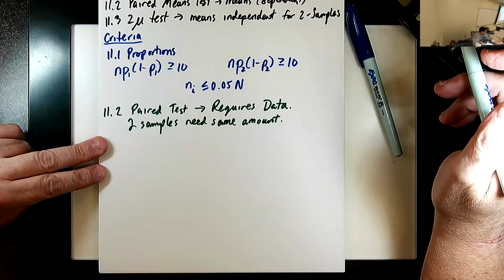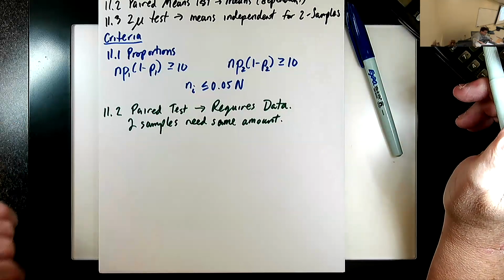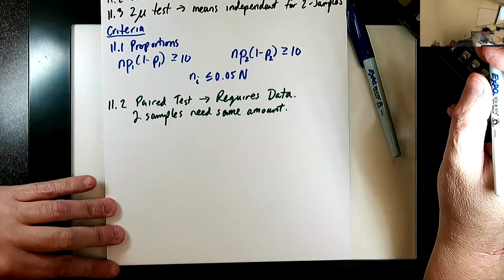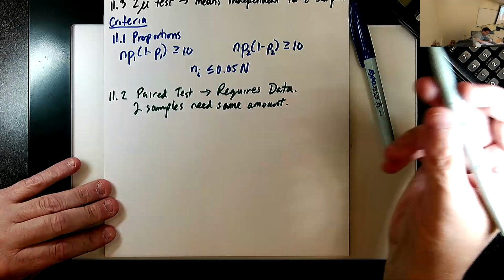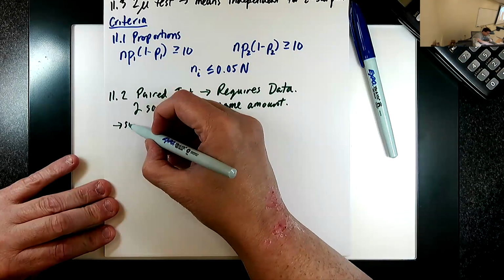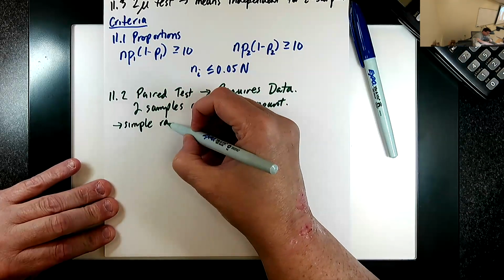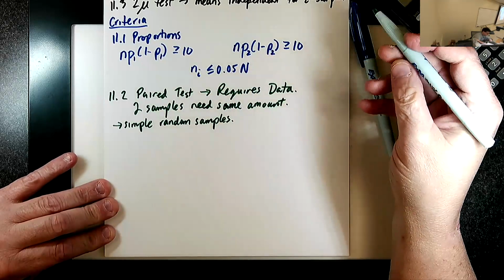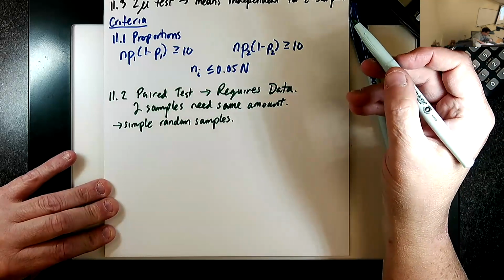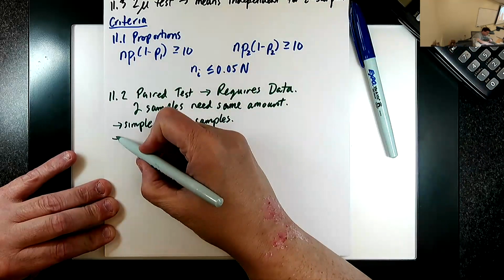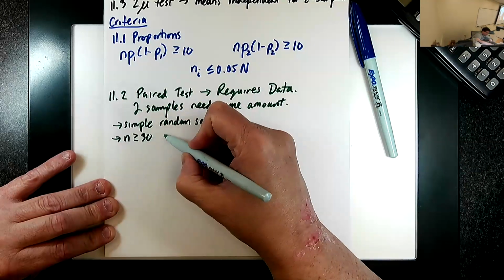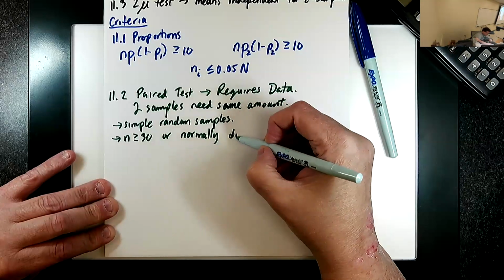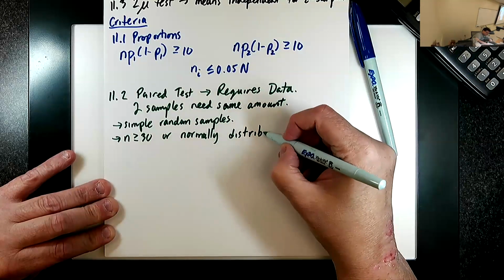We could have data and we could have two groups that are independent. Needs the same amount, so it's not a guarantee, but there are two samples and we have the data. We need them to be simple random samples. We want n to be greater than or equal to 30, or normally distributed with no outliers.